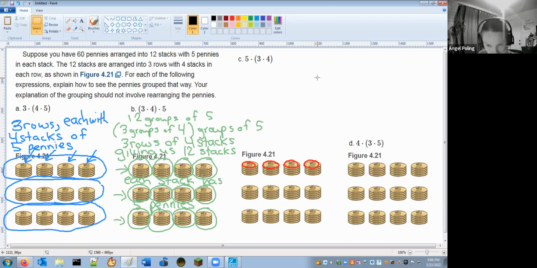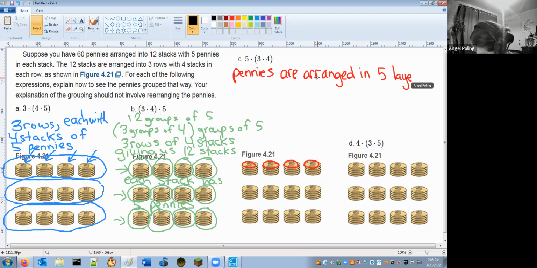Okay, so pennies are arranged in 5 layers.